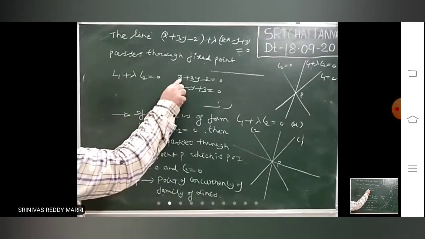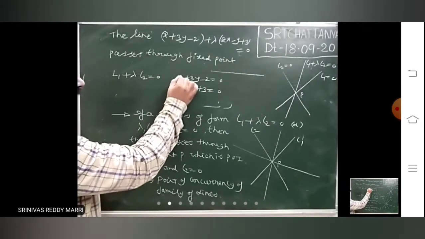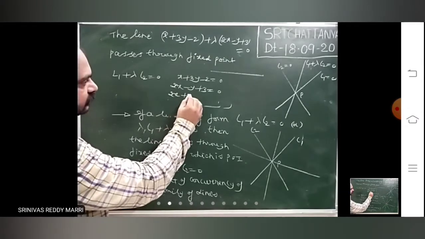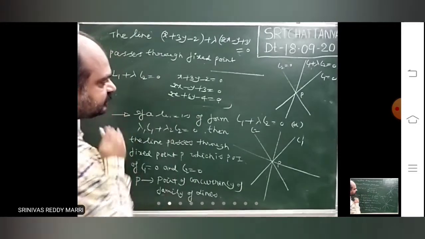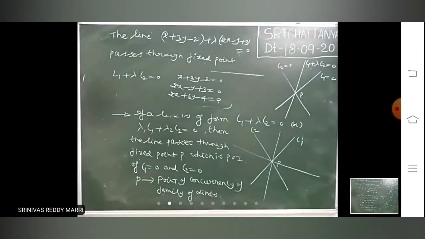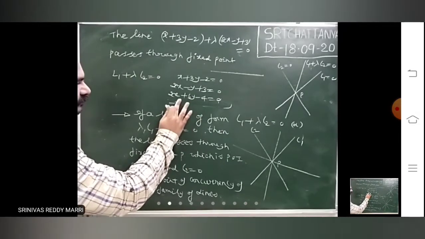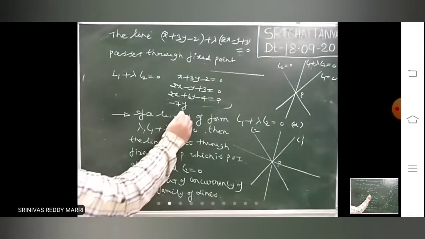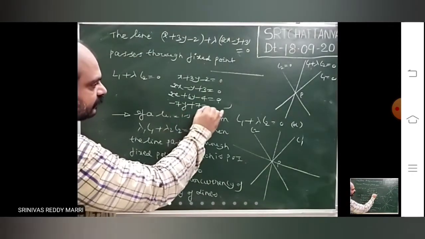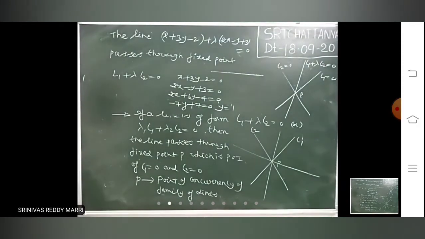I am multiplying this with 2, which gives 6y minus 4 equal to 0. I have multiplied the first line with 2, so minus 7y plus 7 equal to 0. Directly solving, y equal to 1.